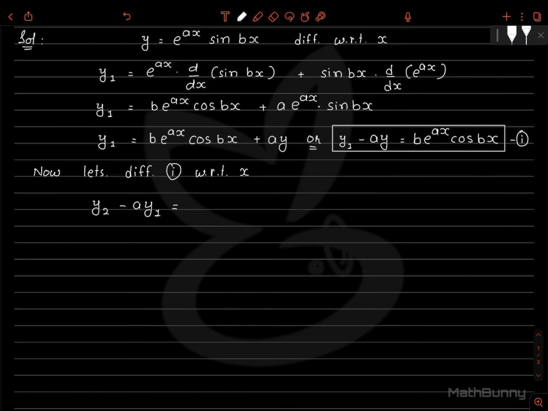We can take b out of the bracket, and now we will apply the chain rule. e raised to ax into d by dx of cos bx plus cos bx into d by dx of e raised to ax.